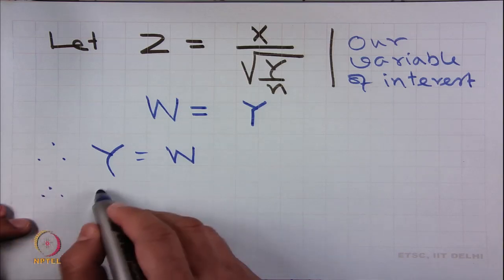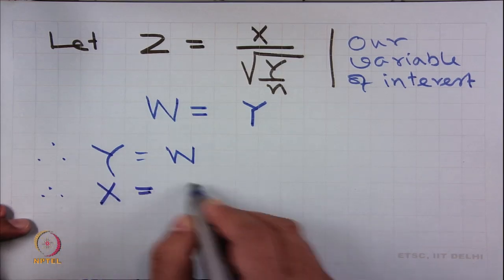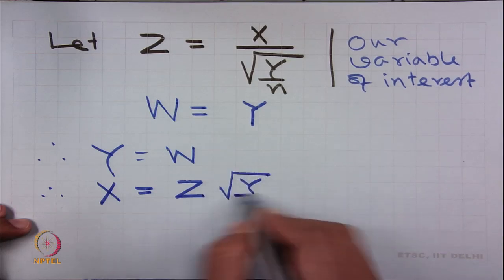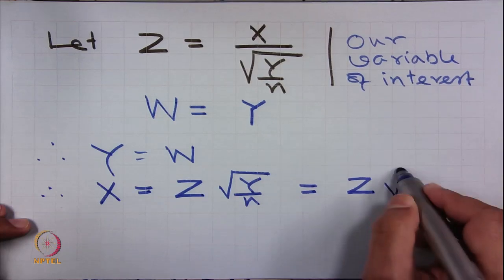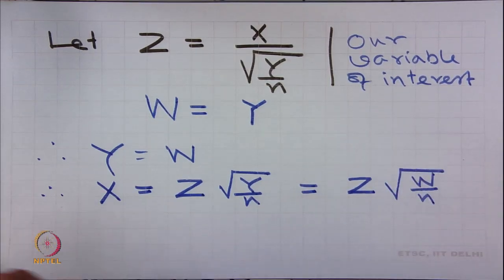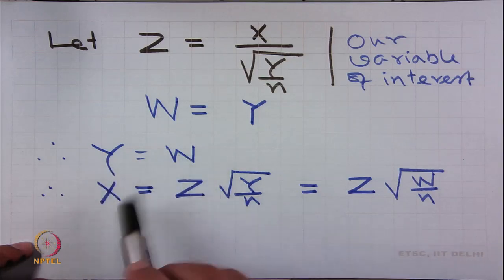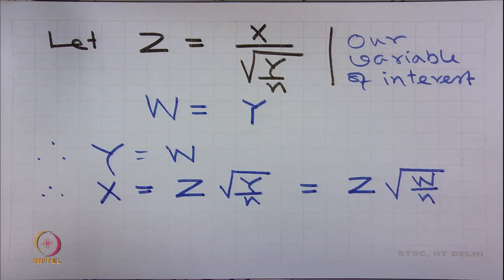Therefore, x is equal to z into root over y by n, which is equal to z into root over w by n. Therefore, given z w, we can uniquely determine x and y, and vice versa.